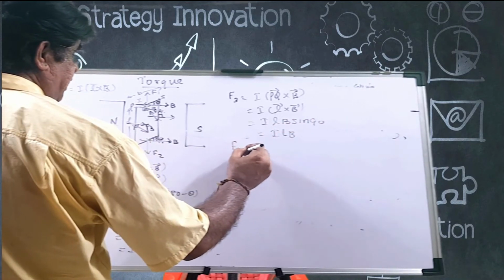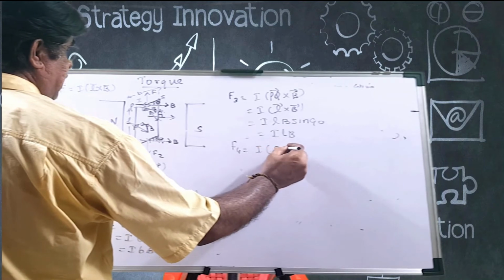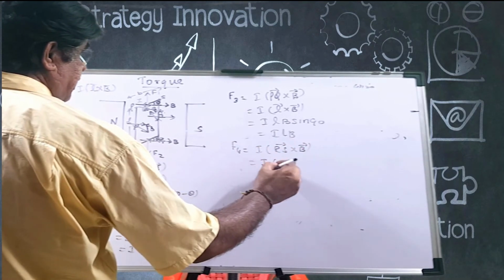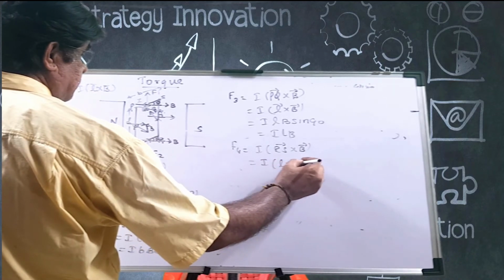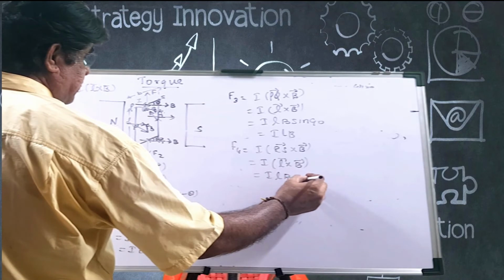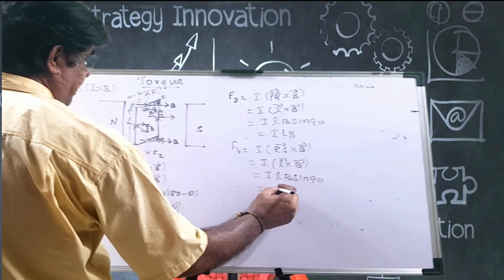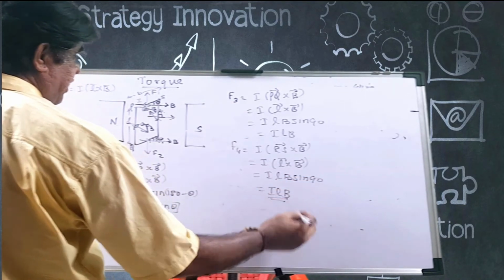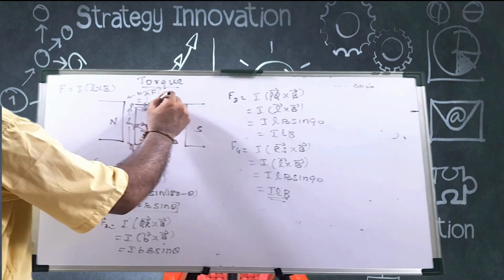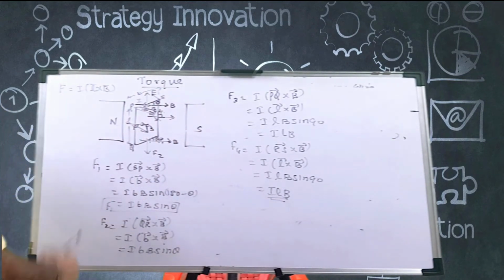Similarly, F4 will be equal to I into RS cross B, which is going to be I into L cross B once again. So I L B sine 90, because theta is 90 once again there, it's ILB. So clearly F3 and F4 are equal. This F3 and F4 are pulling the coil in this direction and making it rotate, so they form a couple.